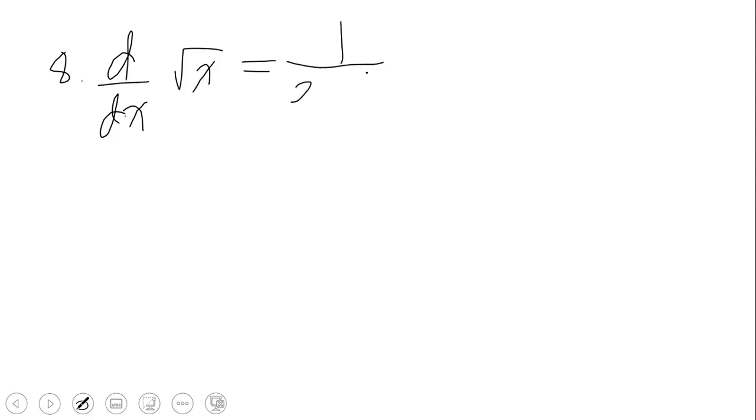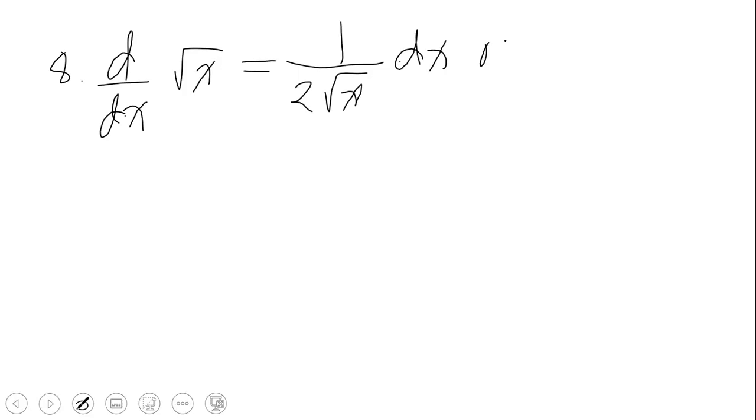Let's have number 8, the radical function. So we also have the derivative of a radical function. So d over dx square root of x, which is equal to 1 over 2 square root of x, then the derivative of your function, which is x, dx.